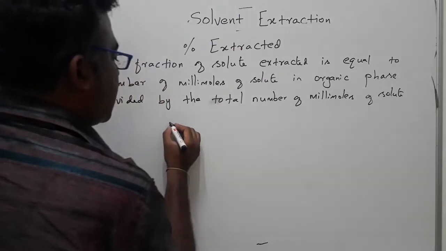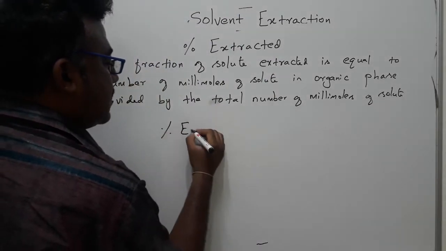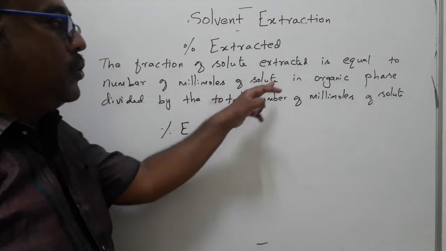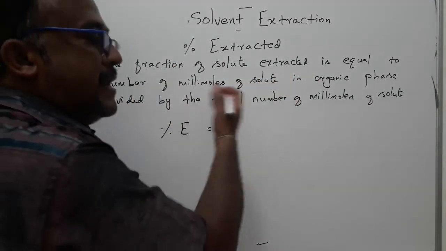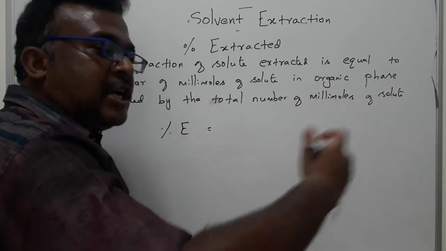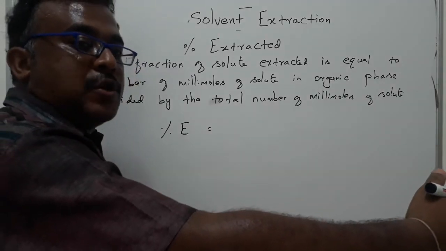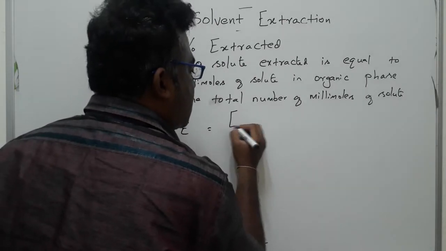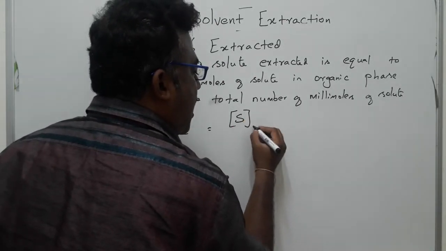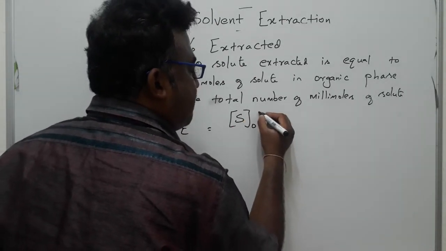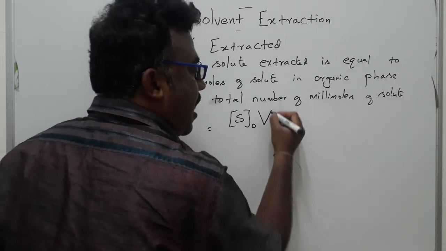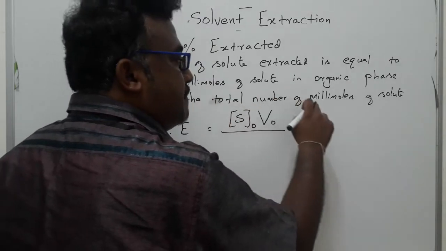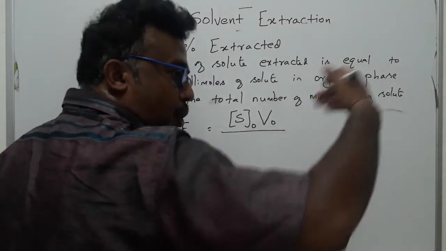That is, percentage extracted is equal to the number of millimoles of solute in the organic phase. Number of millimoles means molarity times volume. How much volume we have used for extraction will give millimoles. So it is the concentration of solute in the organic layer multiplied by the volume of organic solvent, divided by the total number of millimoles of solute in both phases.